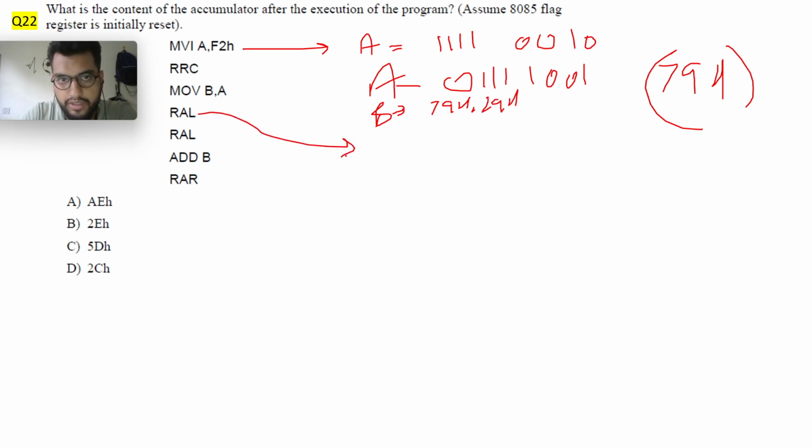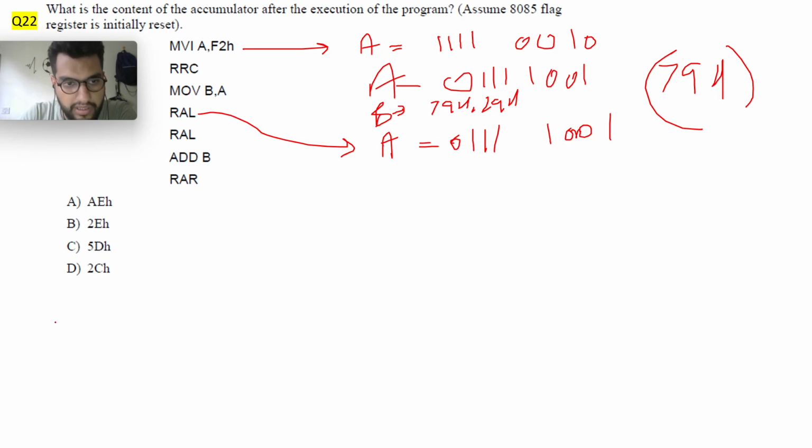Then we have this instruction RAL, that is rotate accumulator left through carry. So I have 79 hex, 0111 1001.